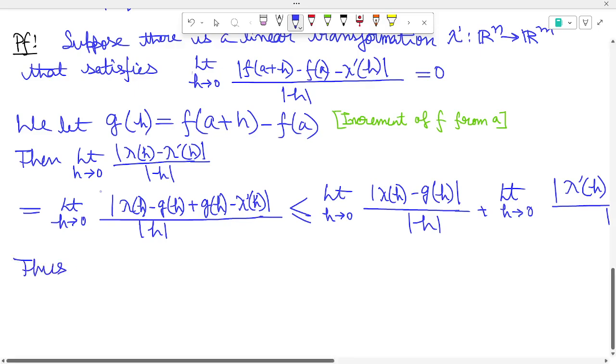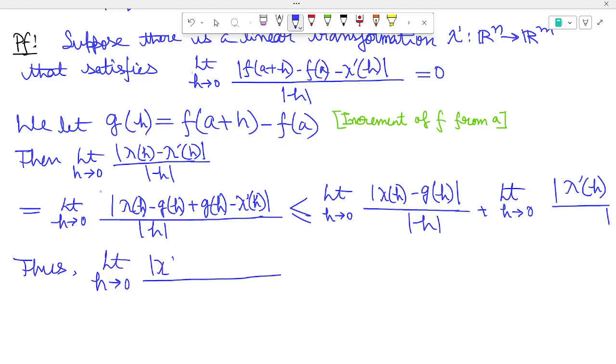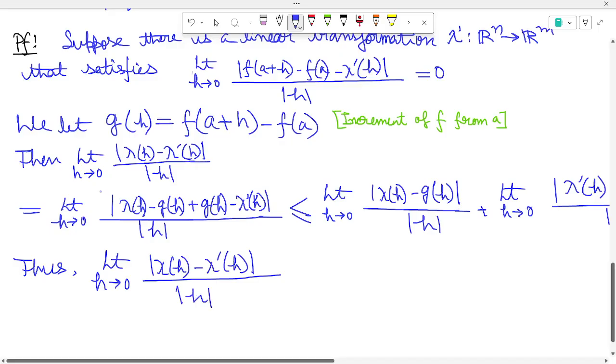Thus the limit as h tends to 0 of the norm of lambda h minus lambda dash h divided by the norm of h is 0.